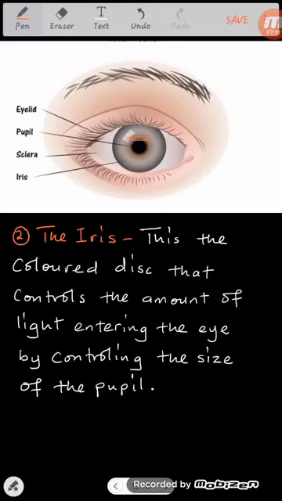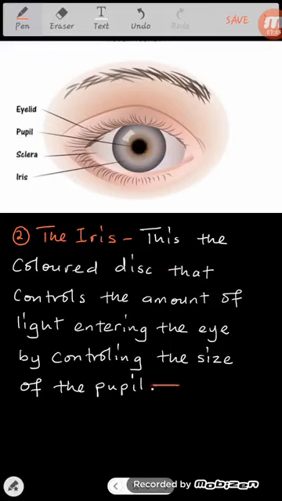Now, the size of the pupil is adjusted by the muscles that are found inside the iris. So you can see from this definition that the function of the iris is to control the amount of light that is entering the eye.